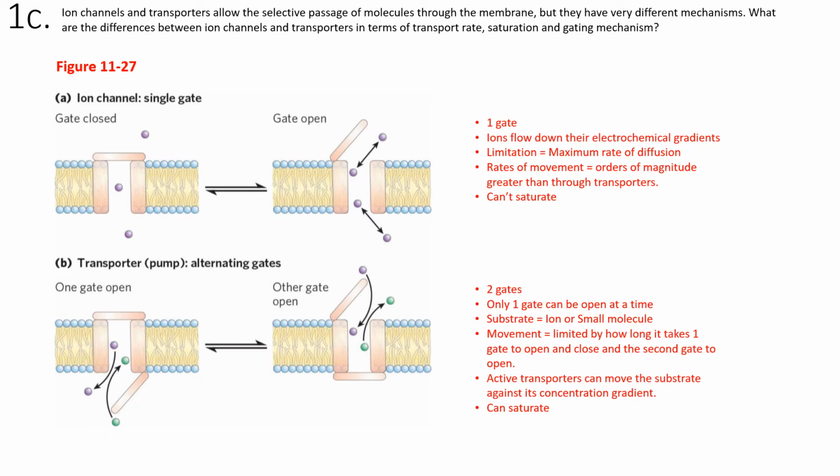For 1C, ion channels and transporters allow the selective passage of molecules through the membrane, but they have very different mechanisms. What are the differences between ion channels and transporters in terms of transport rate, saturation, and gating mechanism?